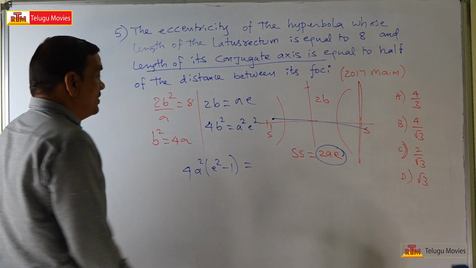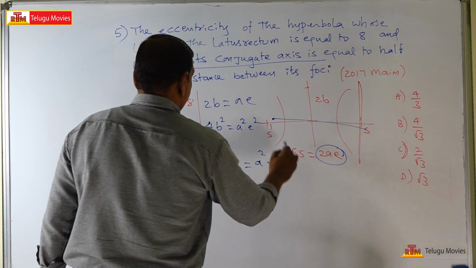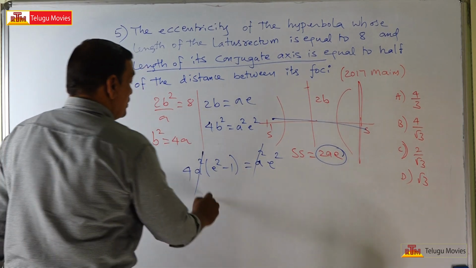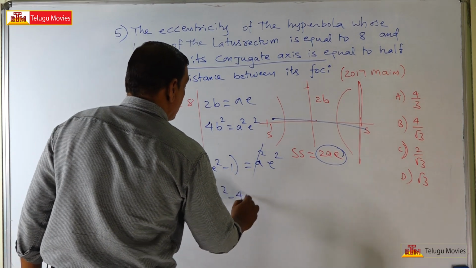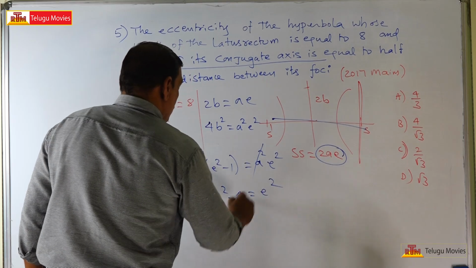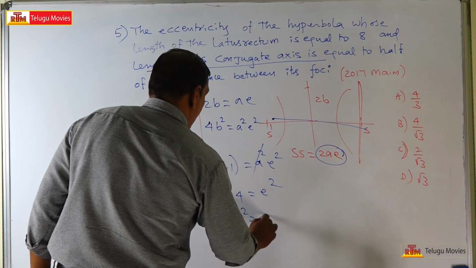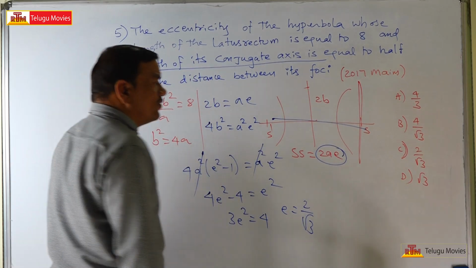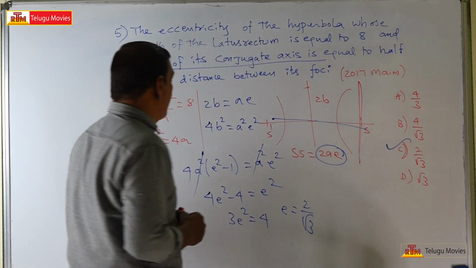So 4 times a square into e square minus 1 is equal to a square e square. Now you can cancel a square. So 4e square minus 4 is equal to e square. So 3e square is equal to 4, e is equal to 2 by root 3. So 2 by root 3 is your right answer.